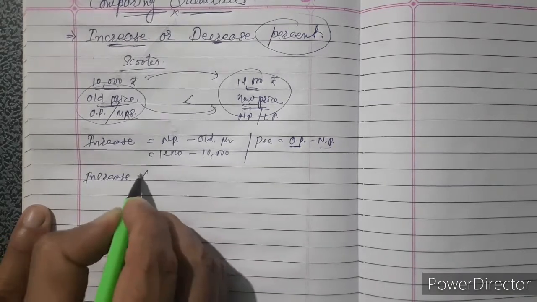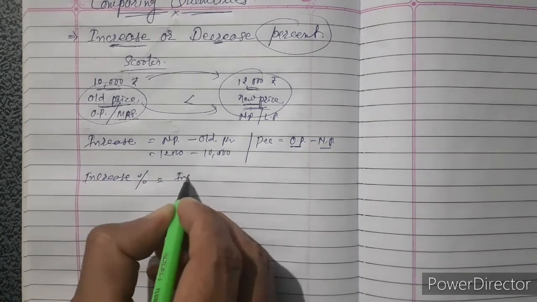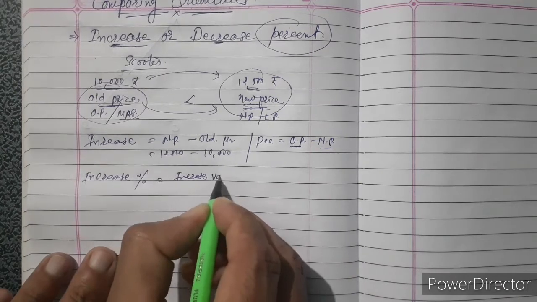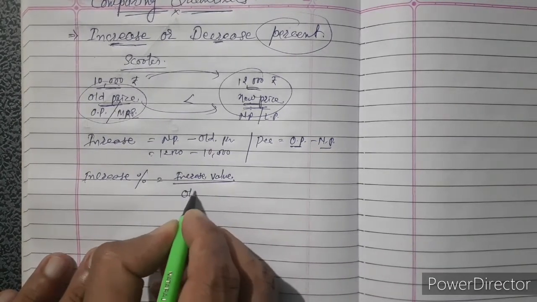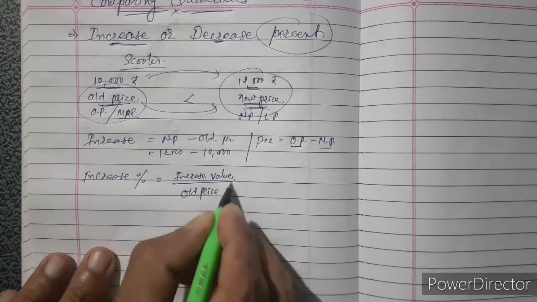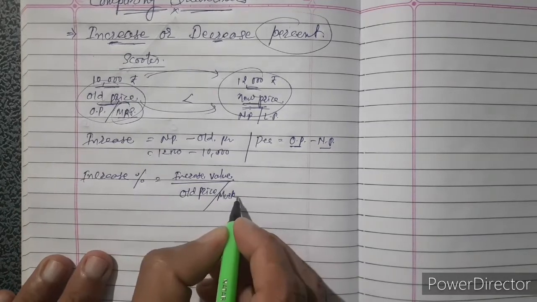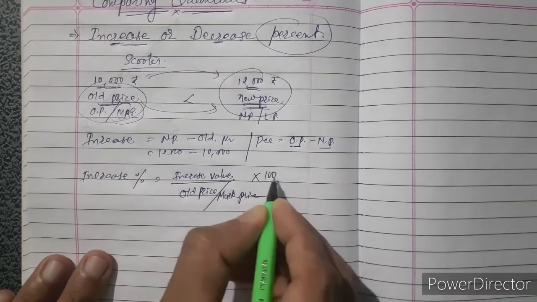Increase percentage equals increase value, otherwise increase price, divided by old price, otherwise mark price. Mark means MRP, maximum retail price, mark price, into 100.